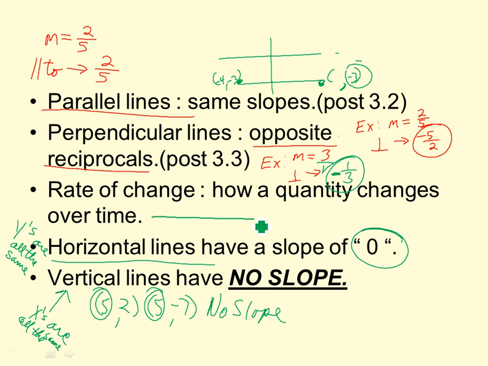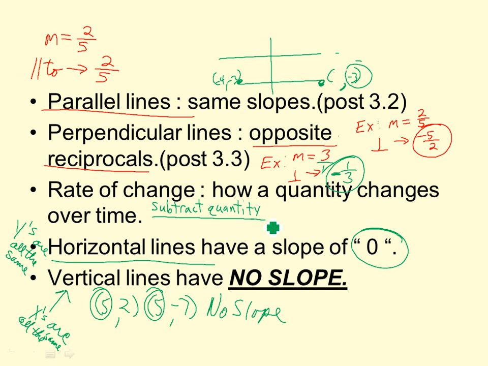Rate of change. For rate of change, how a quantity changes over time, all you do is on top you subtract the quantities, and it could be any quantity. It could be money, could be gallons of gas produced by some company, whatever the quantity is.